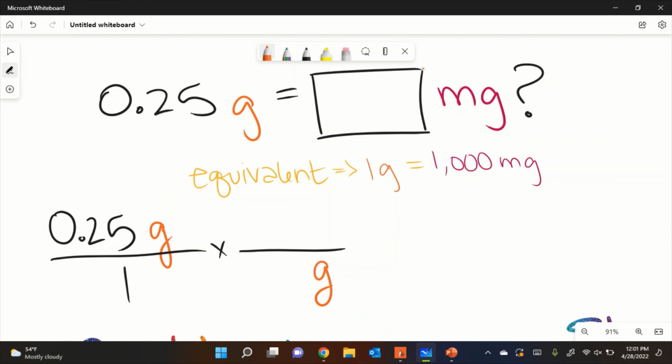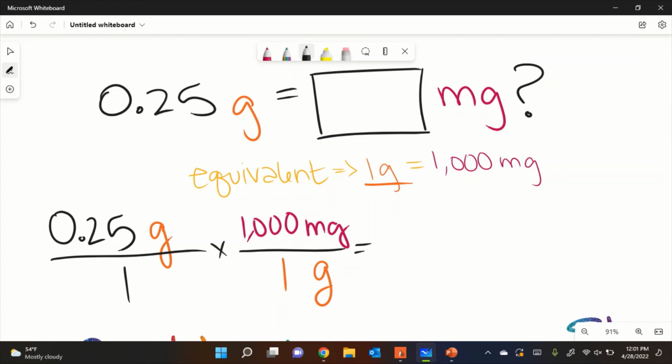In our equivalent, we only have one phrase that has anything to do with grams, and so we're going to put 1 gram on the bottom, leaving us with 1,000 milligrams on the top. If we were to finish now and do the math, our final unit would be in milligrams, and that's exactly where we want to be. So we know that we don't have to add any more fractions.